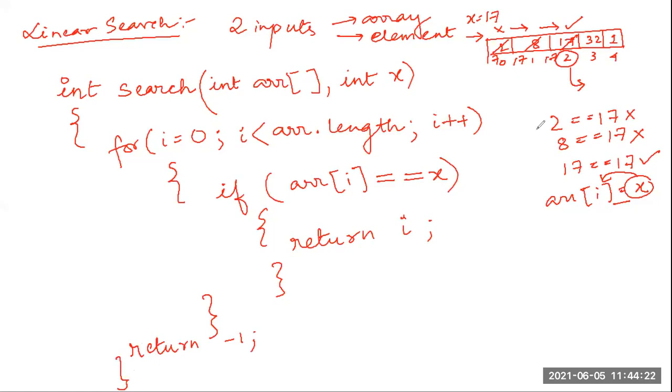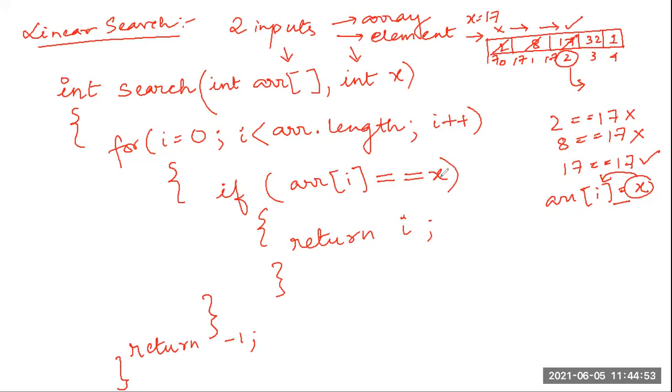Okay. So this is the concept of my linear search. I start with the array as input to the algorithm. I give one element as input to the algorithm. I traverse the entire array. In between, I check for equality, that is, for every value located at a location in my array, I check whether it is equal to the element I am searching for.